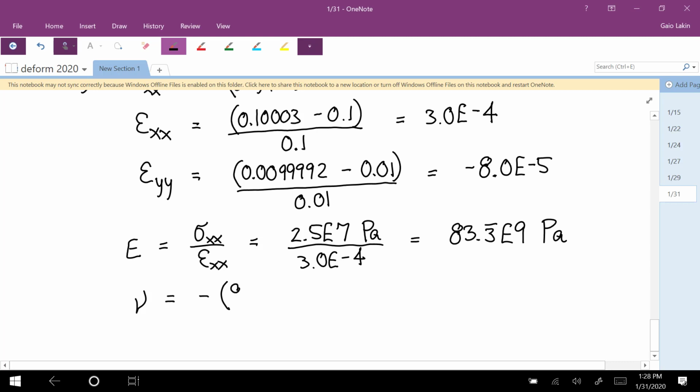So that's the 8.0 times 10 to the minus 5th divided by, and we have a negative here, divided by the in-axis strain of 3.0 times 10 to the minus 4. The negatives cancel out, and you get a positive Poisson's ratio. You always need to get something between 0 and 0.5, and in this case, it's 0.26 repeating, and that's unitless.